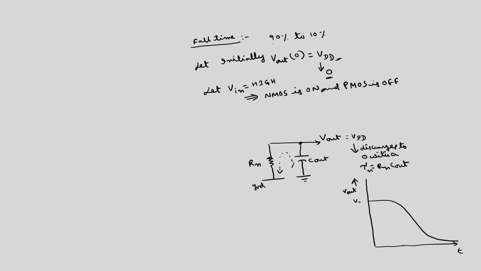This is VDD, and 90% of this is 0.9 VDD, and 0.1 VDD is somewhere here. You call this t2 and this t1. Then fall time is t2 minus t1. This can also be called the time to change from high to low.